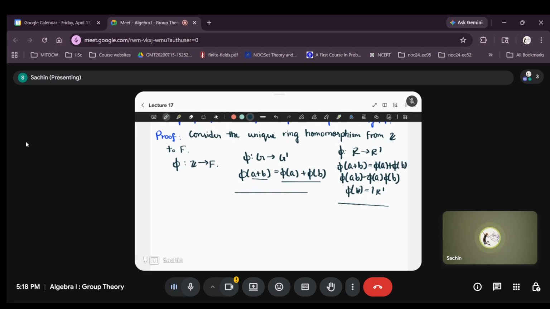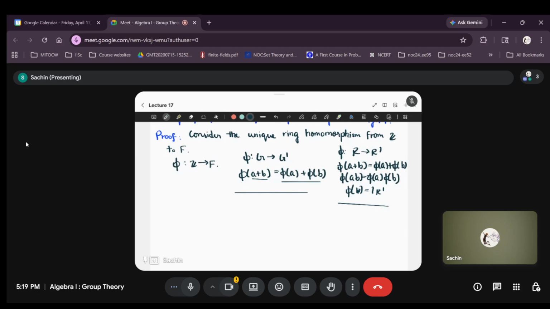So if a is an element of G, phi of a is an element in G prime. So on the right hand side, you are adding two elements in G prime. On the left hand side, you are first adding two elements in G and then taking their function value. This is called operation preservation. This function preserves the operation addition.